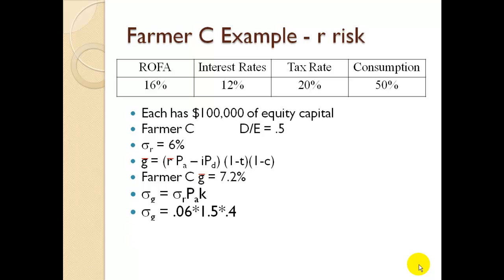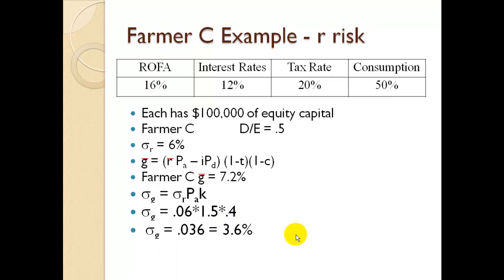Here's our growth formula. So in this case, it's the standard deviation of R times the assets to equity times K. Standard deviation of R is 6%. Assets to equity is 1.5, one bigger than our debt to equity ratio, times the percent we keep, K, and K is 1 minus T times 1 minus C. So 80% times 50% gives us 40%.